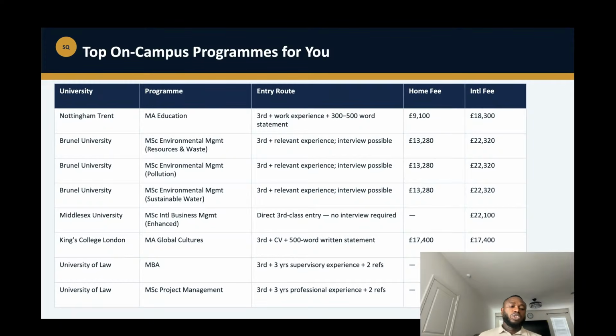So the third class is the minimum, right? Anything above third class can get you admitted to schools in the UK. So if it is near 2-2, high 2-2, low 2-2, or third class, it can get you admitted to the UK.